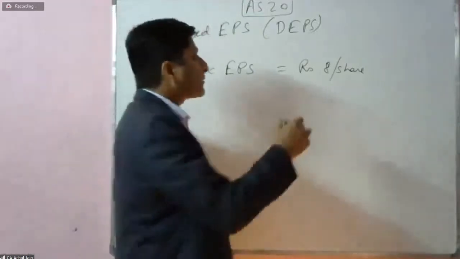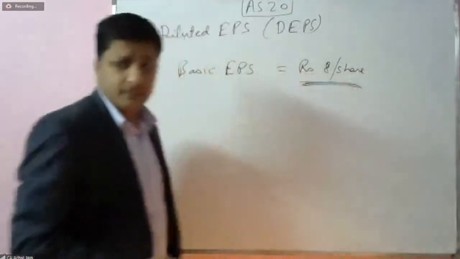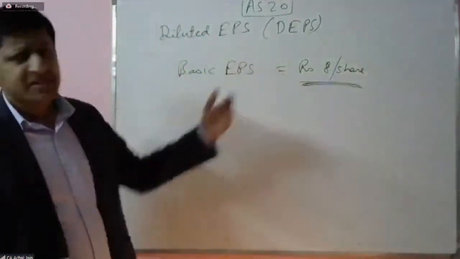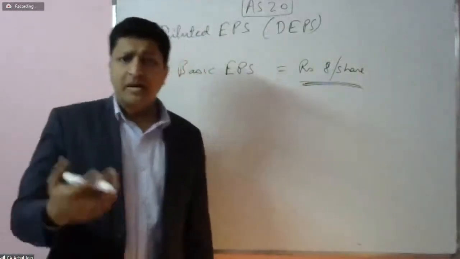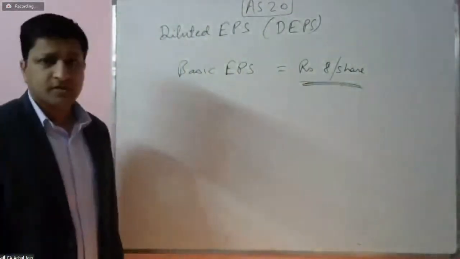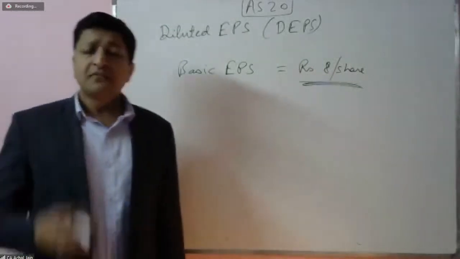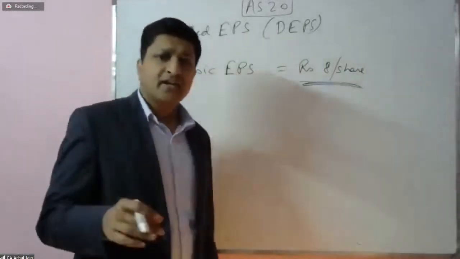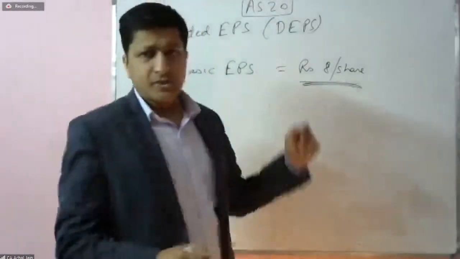He has earned rupees 8 per share during the year. It could be rupees 8 per share, it could be rupees 2 per share. It can vary depending on the profits and other adjustments. So the investor now understands that his EPS is rupees 8 per share.